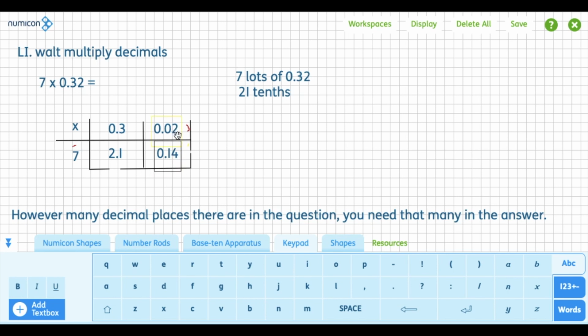Okay, and that makes sense because 2 hundredths plus 2 hundredths is 4 hundredths plus another 2, you know, we go up, and 14 hundredths is going to look like this, all right? And then all we have to do is add them together, and that's going to be a nice simple 2.24. So we've got 7 times 0.32 is 2.24. Perfect.